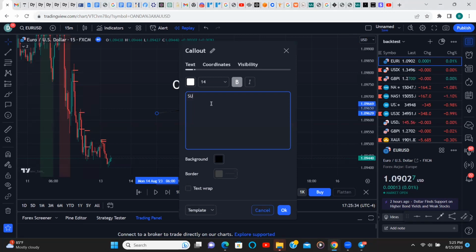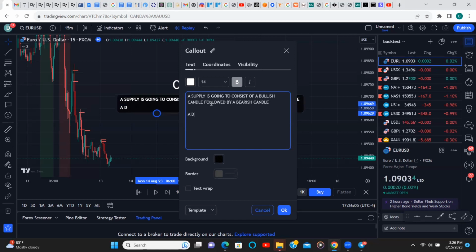A supply zone, so here, is going to consist of a bullish candle followed by a bearish candle.